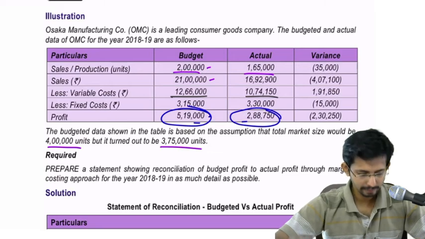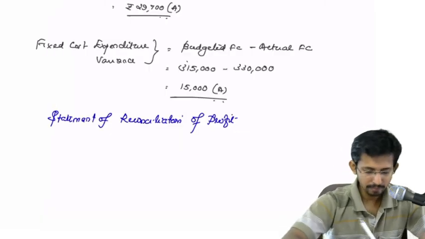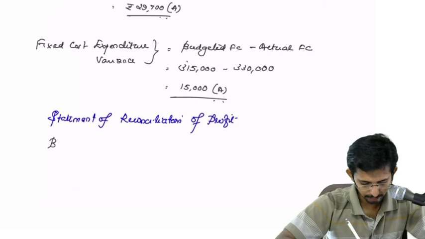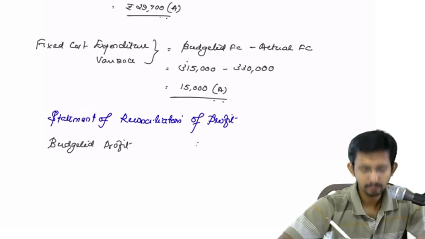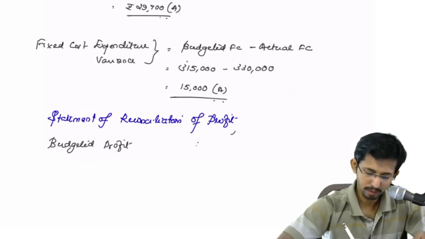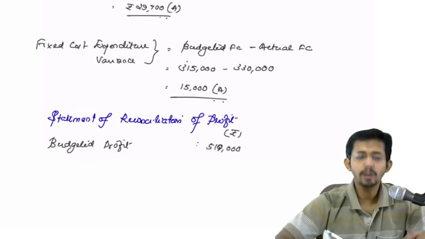So write the heading budgeted profit. Budgeted profit was, all in rupees, 5,19,000. Then what did I tell you?